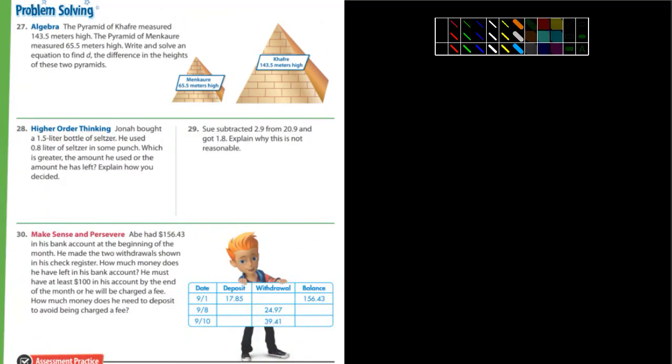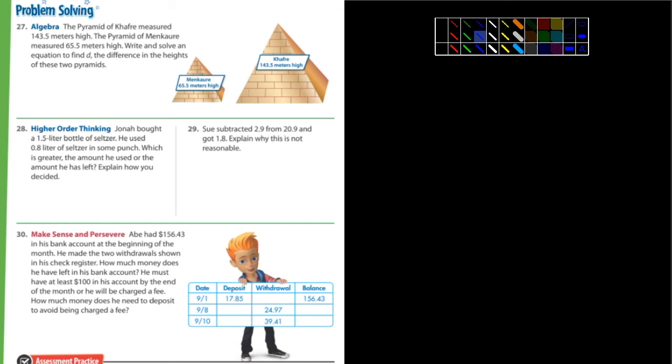All right, problem solving. Let's see here. It says the pyramid of, I'm not sure how to pronounce that, Khafre, measured 143.5 meters high. The pyramid of Menkaure, boy, it'd be nice if they would give me a pronunciation key for these, measured 65.5 meters high.